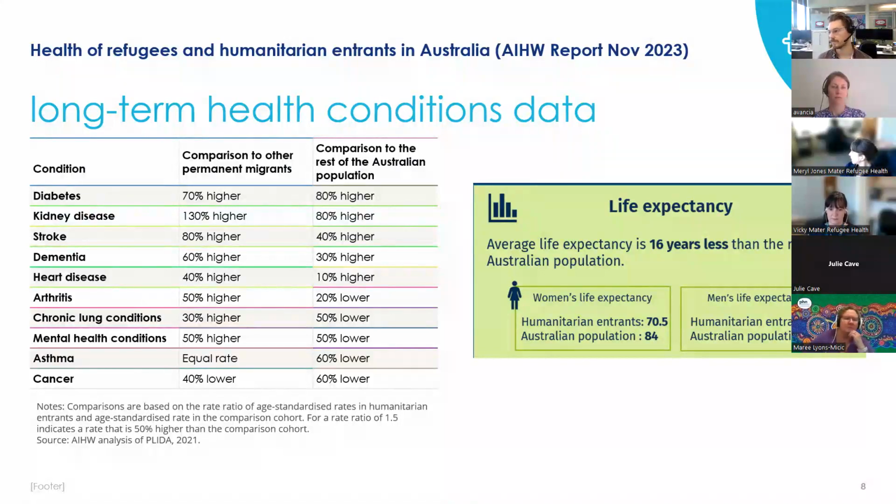Diabetes was also incredibly high. Life expectancy on the whole is 16 years less than the rest of the Australian population, which is a really significant and stark difference. And it's part of the reason why this program has intentionally included people from a refugee background, but also people who are seeking asylum.